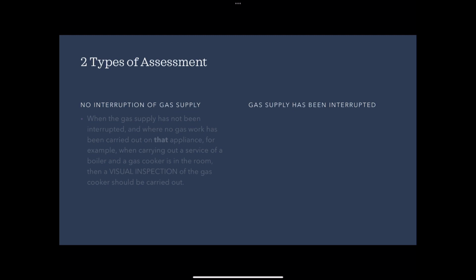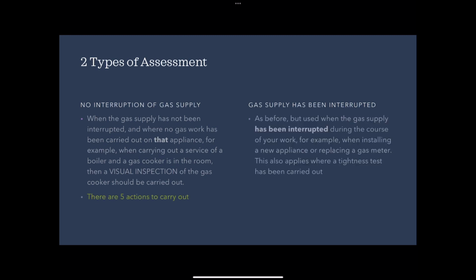When the gas supply has not been interrupted and where no gas work has been carried out on that appliance, for example, when carrying out a service of a boiler and there's a gas cooker in the same room, then a visual inspection of the gas cooker should be carried out. There are 5 actions to carry out in this scenario.